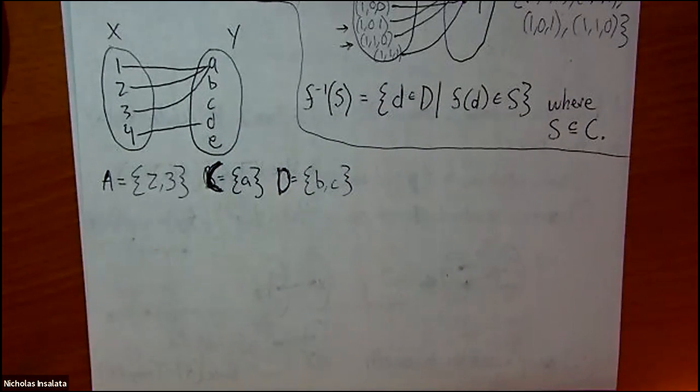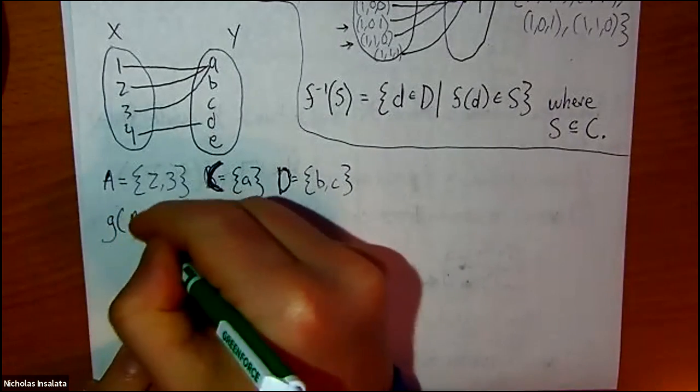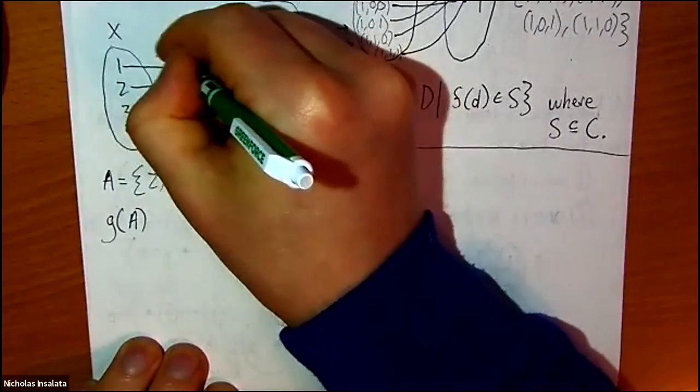Great. So we're going to find the following objects. G of A, G of X. Oh, and this function is called G, by the way.